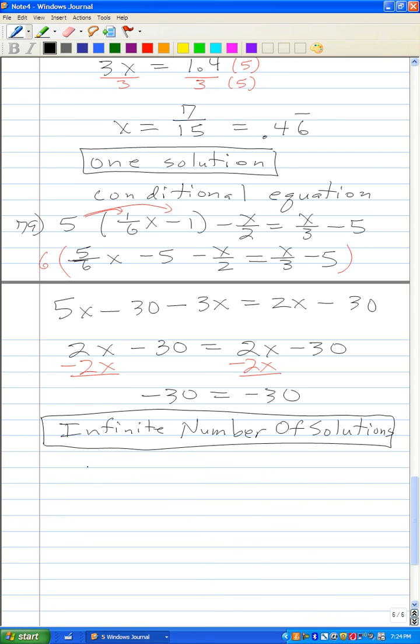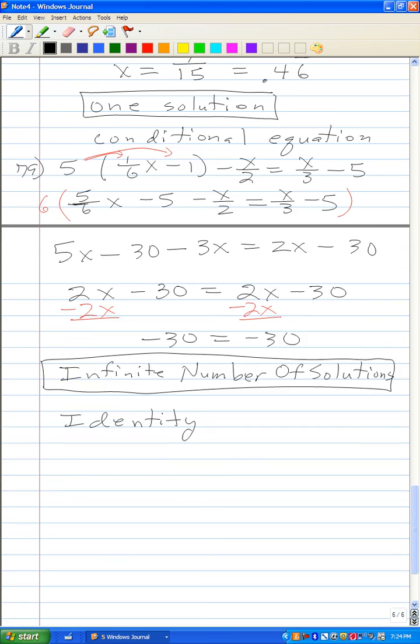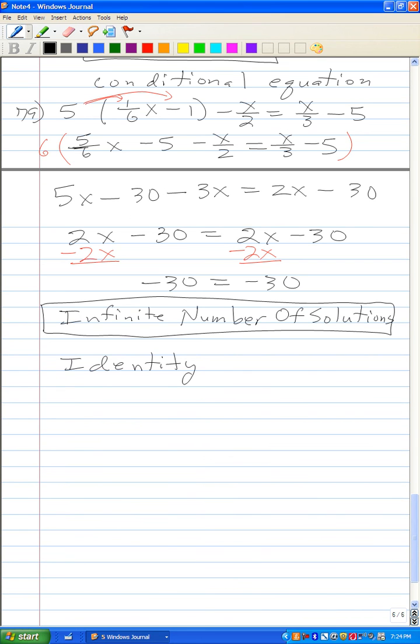This is an identity. In matter of fact, in this case, the solution is all real numbers.